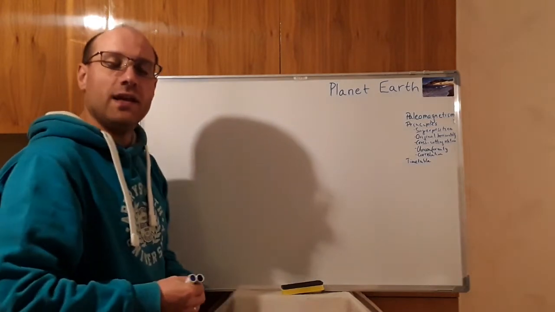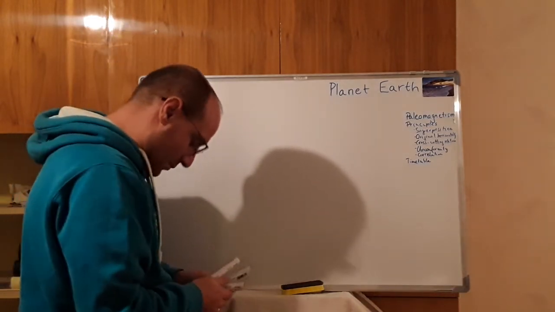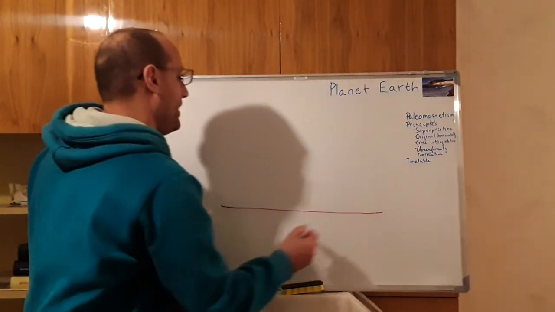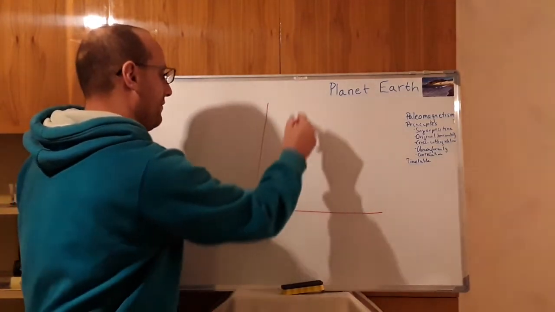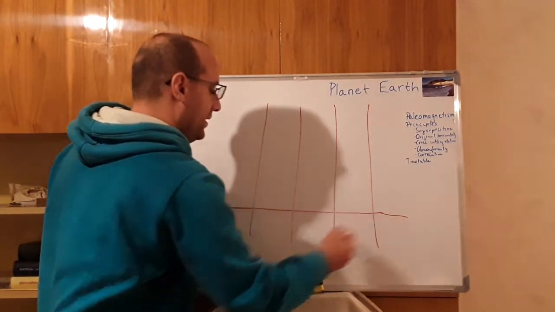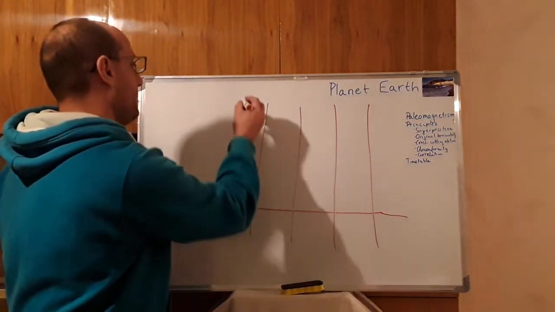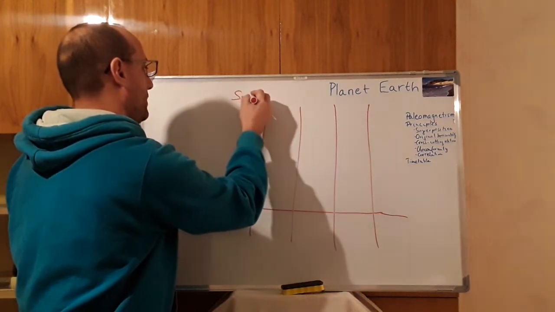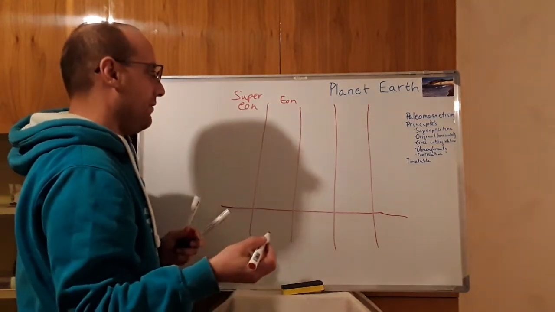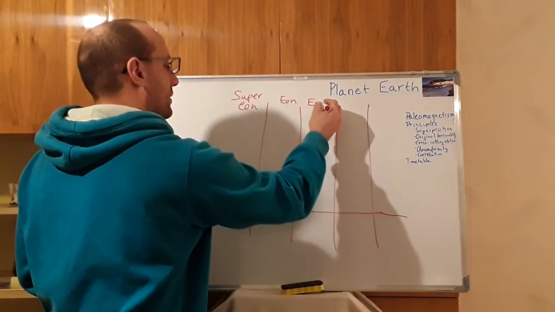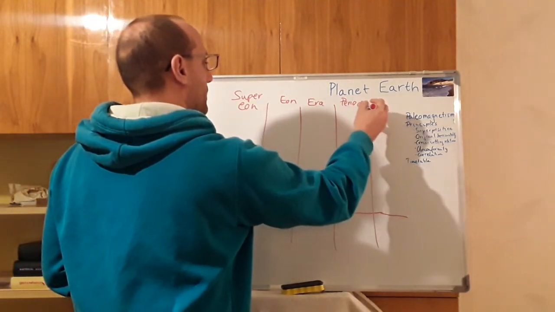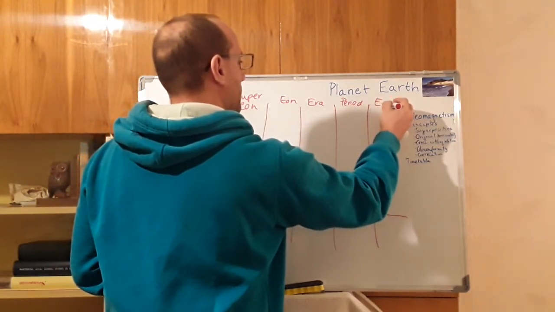And finally, we can have a look at the geological timetable or time scale. And here I'm just going to simplify and speak about one part. So we can have 4 lines that are vertical, one here on the bottom, and then we say that there are super eon, eon, then we will have era, period, and finally epoch.